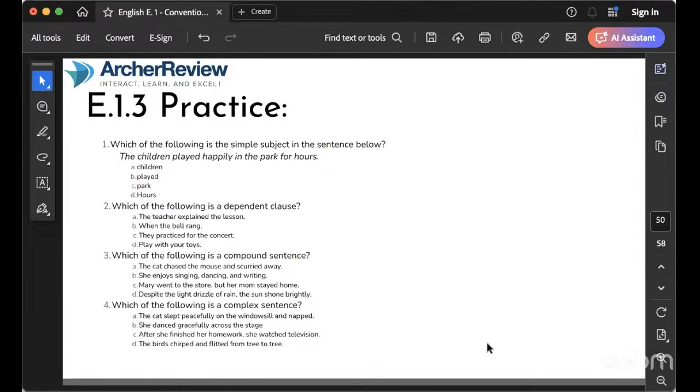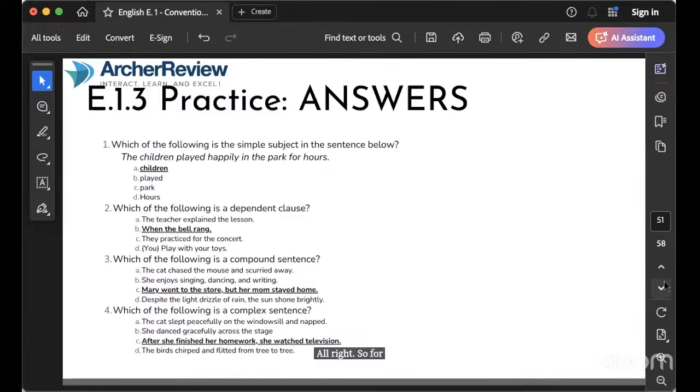All right. So for number one, you should have gotten A. Number two, B. Number 3, C. Number 4, C. So with number 3, which of the following is a compound sentence?